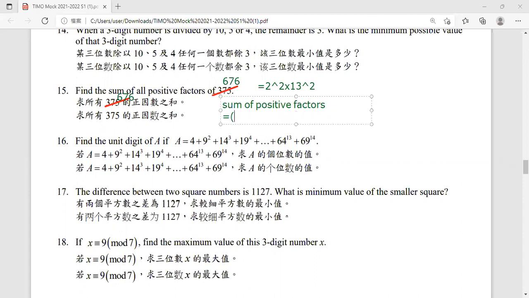Now I have 2 twos, so 1 plus 2 plus 2 squared. I have 2 thirteens, so times 1 plus 13 plus 13 squared. Which equals what? Is it 1, 2, 4, 7 times what? And then you get the answer.